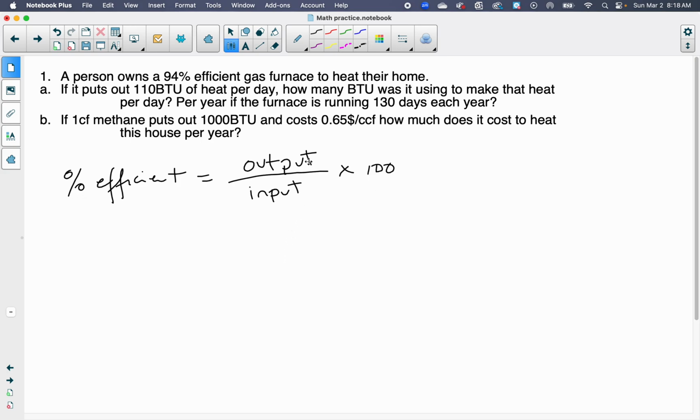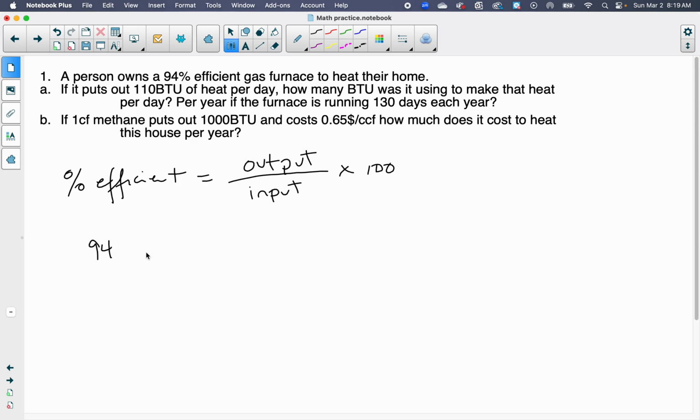Remember, in these kinds of efficiency calculations, you have to make sure you have the same units in the outputs and inputs. So we are looking at an output of 110 BTUs per day, and we want to know what the input was. And we have the efficiency.